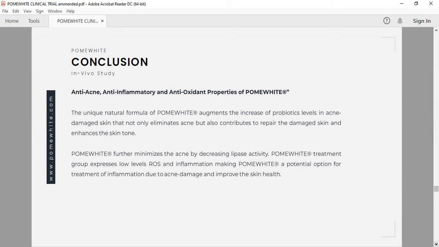It enhances skin tone with its anti-tyrosinase activity, controls the oil production of the skin by minimizing lipase activity, and combats reactive oxygen species and inflammation through different markers, as we have already discussed. So Pomewhite could be a potentially viable option for the treatment of acne damage and inflammation and improving our skin health.